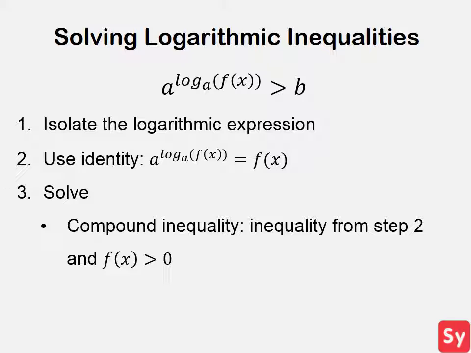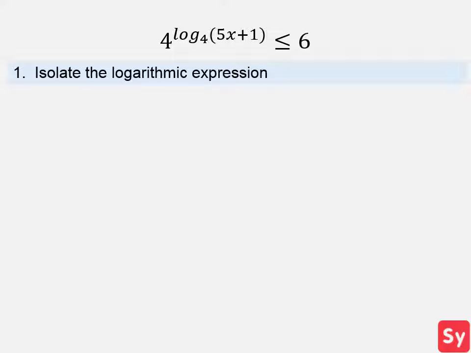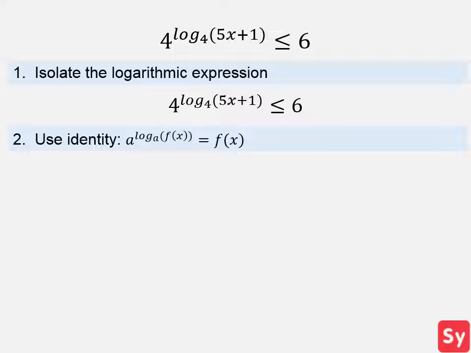Here's our example. We have 4 to the power of log base 4 of 5x plus 1 is less than or equal to 6. First, we isolate the logarithmic expression. This is already done, so we can move on to the next step. Next, we use this identity to rewrite the logarithmic expression.